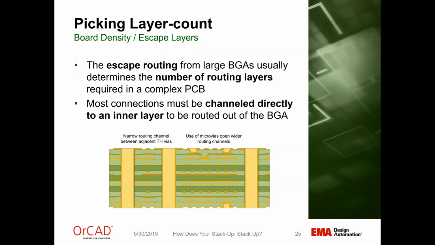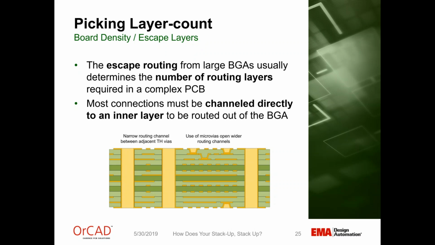Another thing that's going to be a big indicator is your BGAs and how you're able to escape from those BGAs. The signals in the middle need to be escaped out of your BGA pattern so you can actually use them in your board. And that can be determined by your layer count. So you might need more layers to be able to get all these signals out to different places. And you may even have to consider different via strategies.